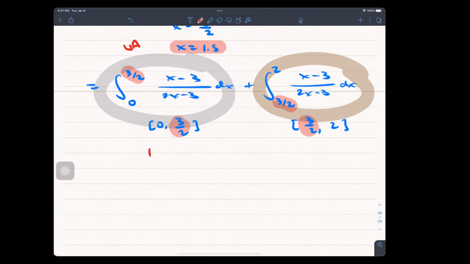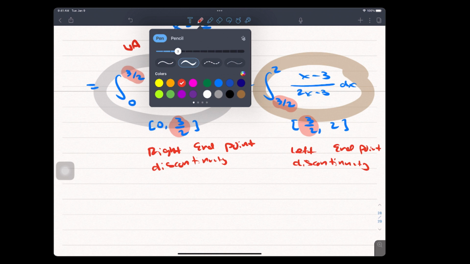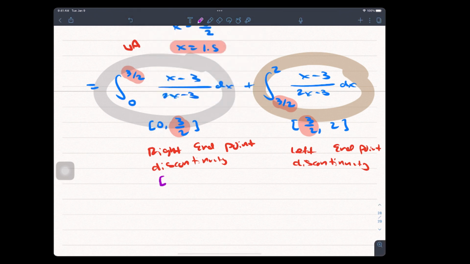Say, okay, this is a right endpoint discontinuity. The other is a left endpoint discontinuity. So you say, okay, you're going to go really from 0 to t here. Is that right? You're going to go from t to what? 2 here.